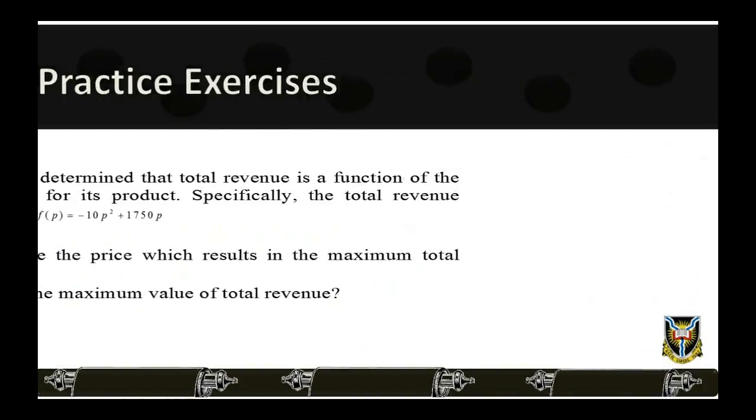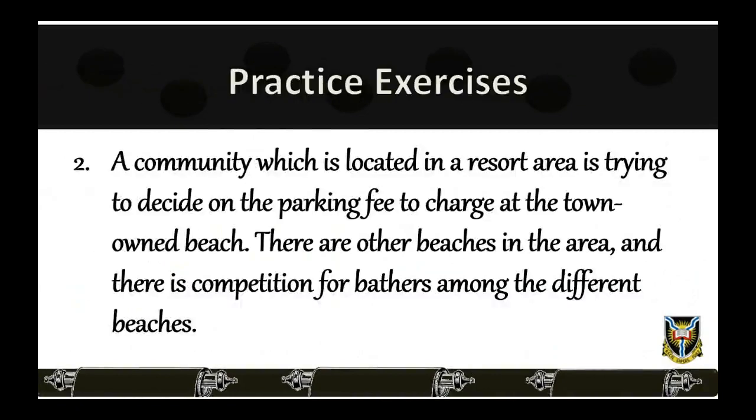2. A community which is located in a resort area is trying to decide on the parking fee to charge at the town-owned beach. There are other beaches in the area and there is competition for bathers among different beaches.